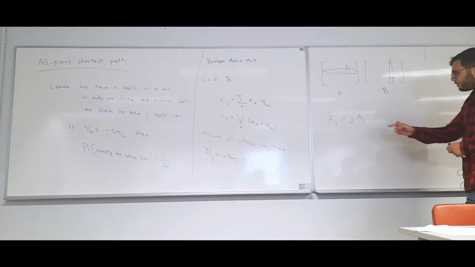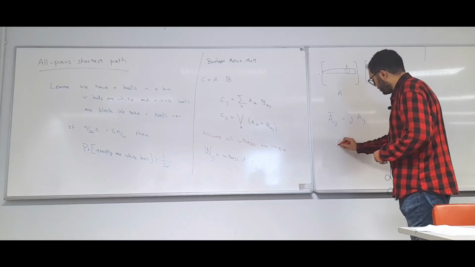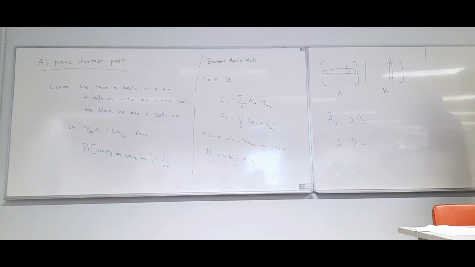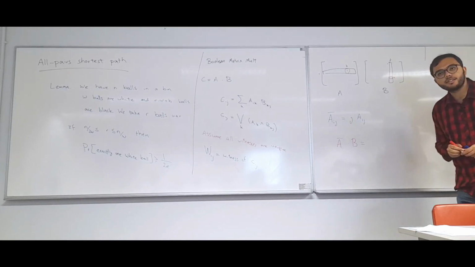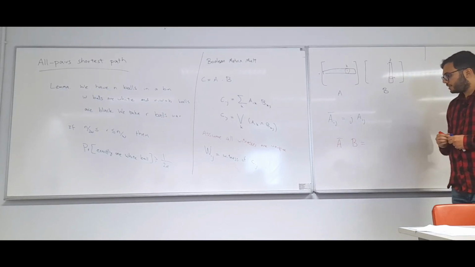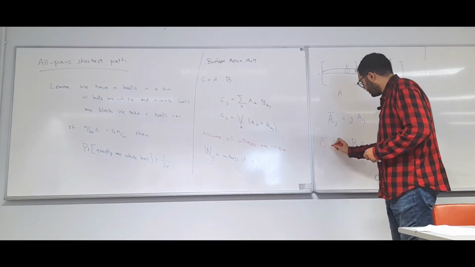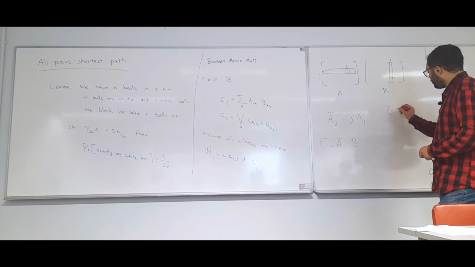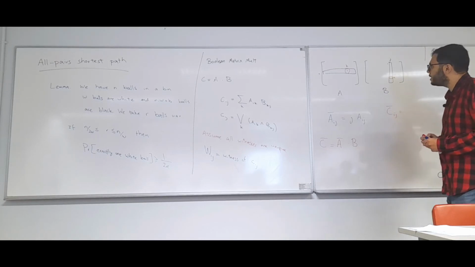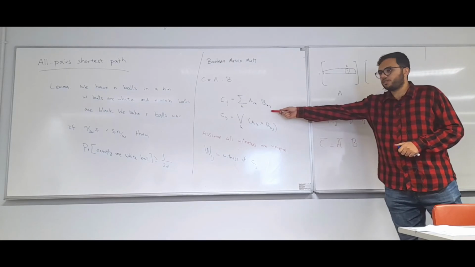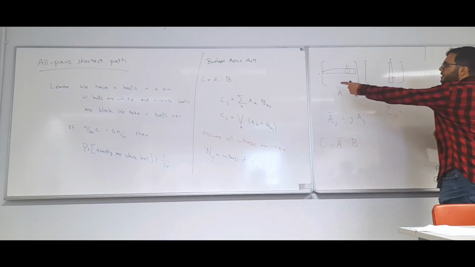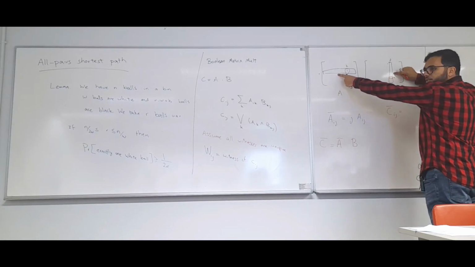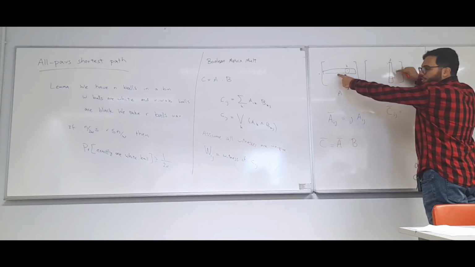So now what happens if I multiply this matrix, A bar, with B? Let's call the result C bar, so C bar is A bar times B. What is C bar of ij? Let's go with the definition. I'm starting at row i and column j, and I'm going forward, and all of these elements are 0.